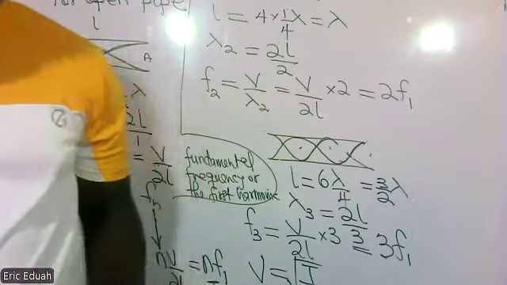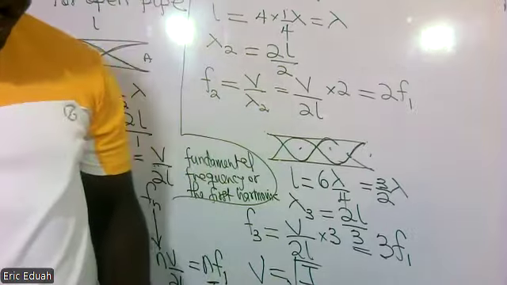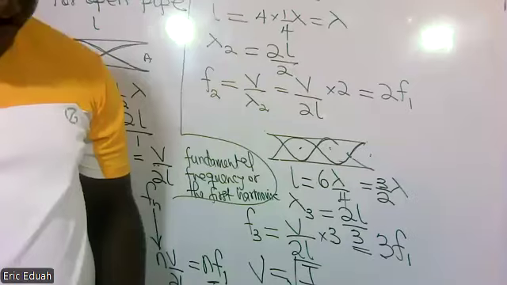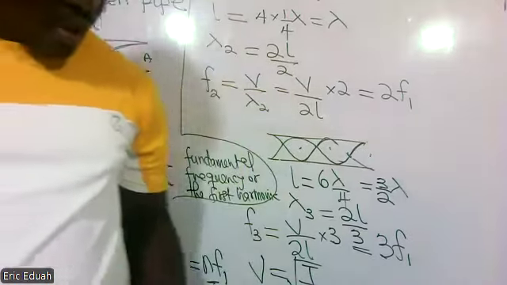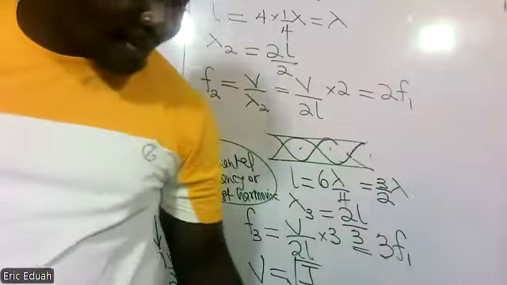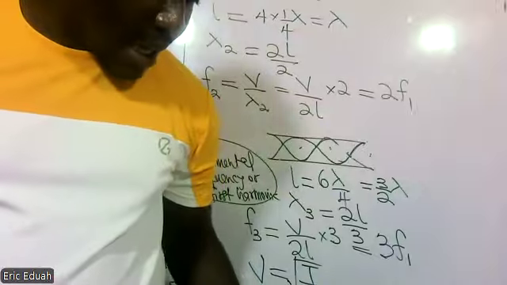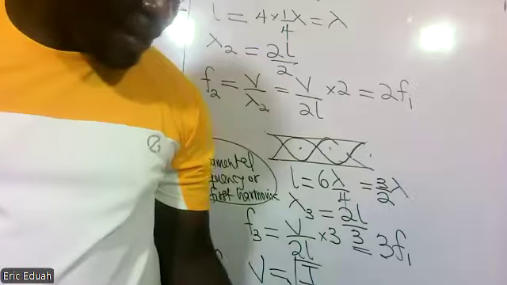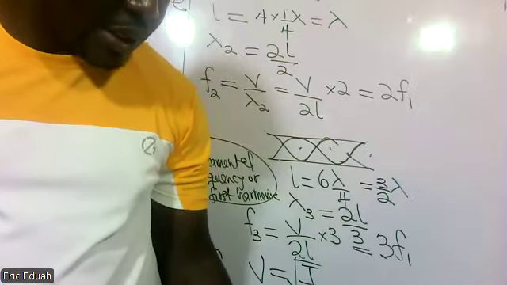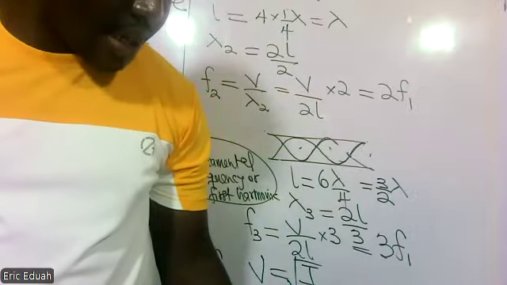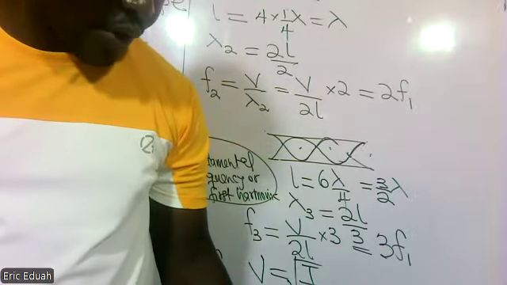Okay, hello, sir. I've sent the question to the group. Please, would you mind reading the question to me? Okay, so a closed pipe and an open pipe have their first overtones identical in frequency.